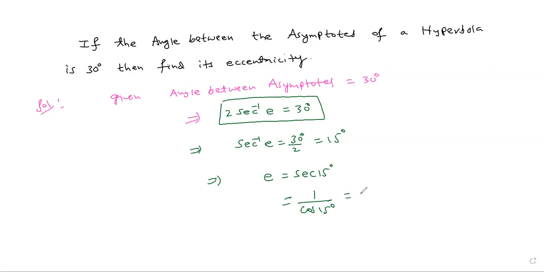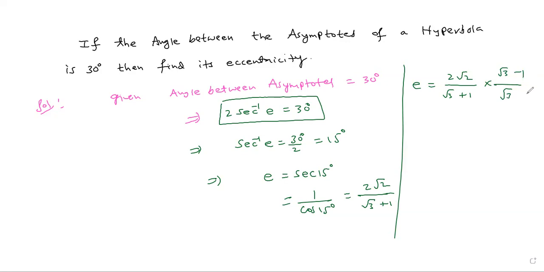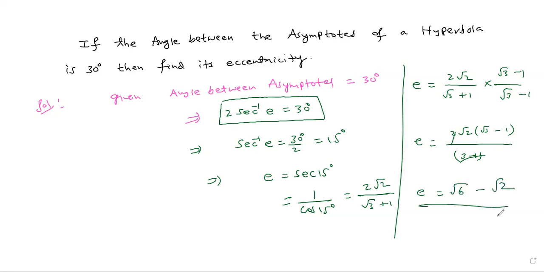What is the cos 15 formula? (√3 + 1) by 2√2, so this is 2√2 by (√3 + 1). We can stop here, but let's rationalize. e is equal to 2√2 by (√3 + 1) into (√3 - 1) by (√3 - 1). So what do you get? 2√2 into (√3 - 1) by 3 minus 1, which is 2. This and this get cancelled. Therefore e is equal to √2 times √3, which is √6, minus √2 into 1, which is √2.